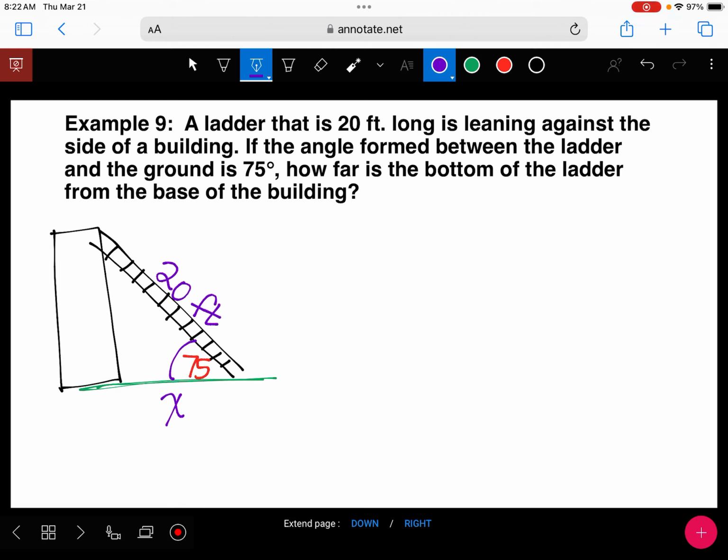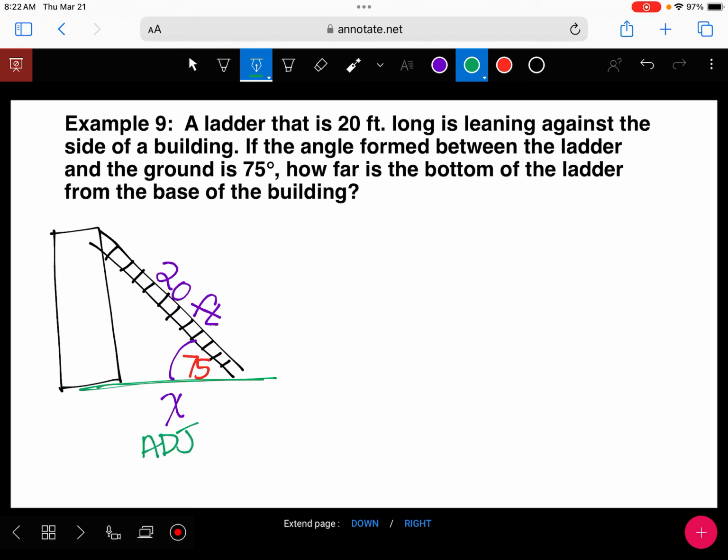All right, take a minute, see if you can solve that out. Figure out what trig ratio you're using. So what is the X? Is that opposite, adjacent, or hypotenuse?